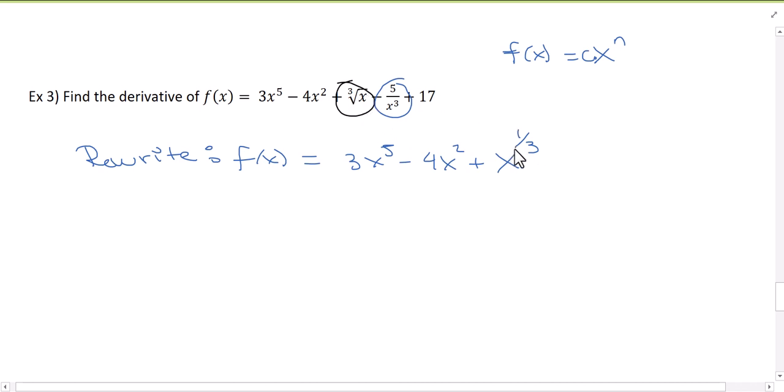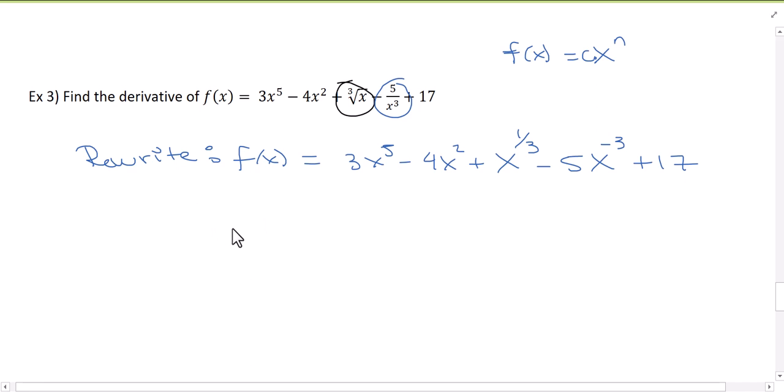Radicals can be rewritten as rational exponents. Minus 5 times x to the, x is on the bottom, right? So that comes upstairs as x to the minus 3. X is to the minus 3, not the 5, plus 17. And so now I can take the derivative.